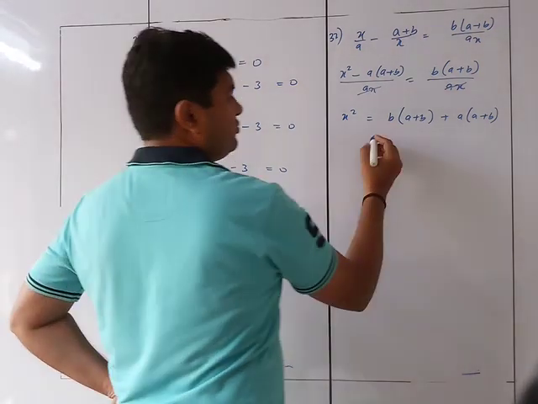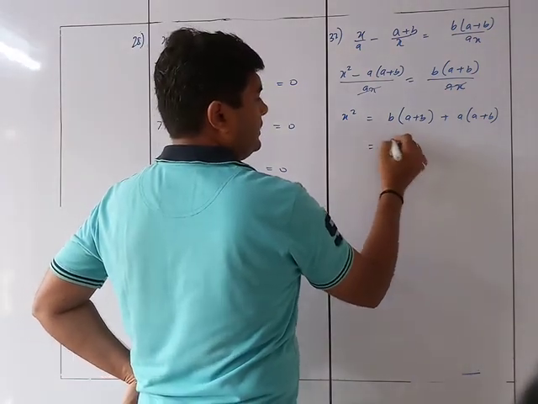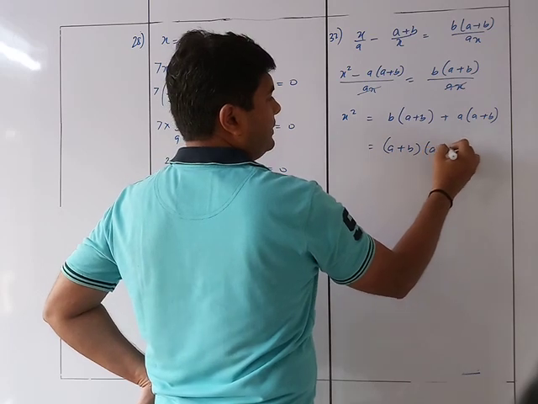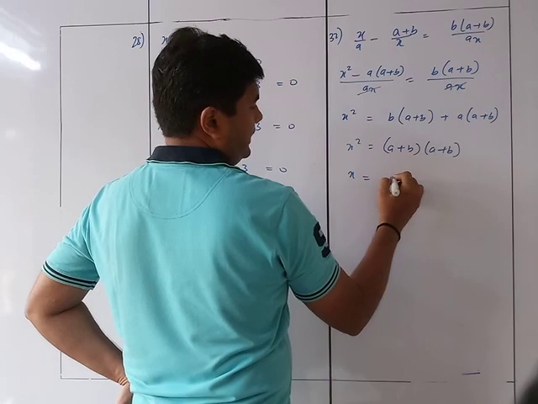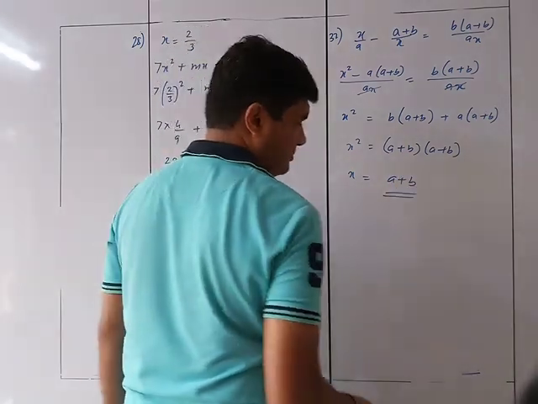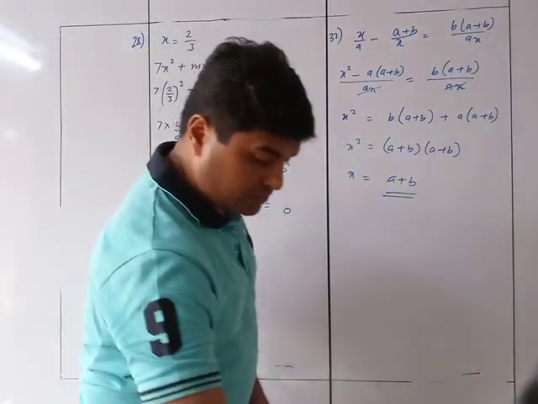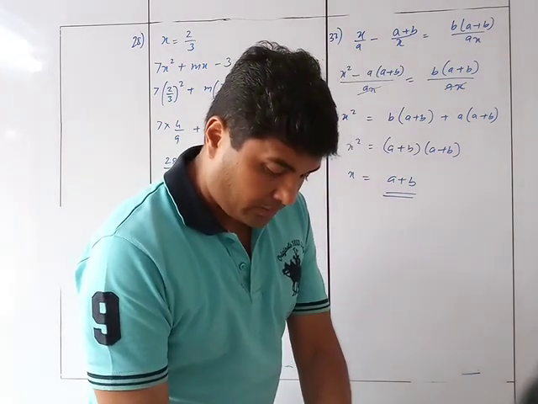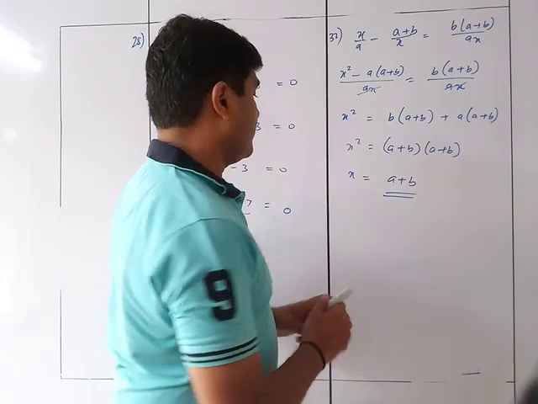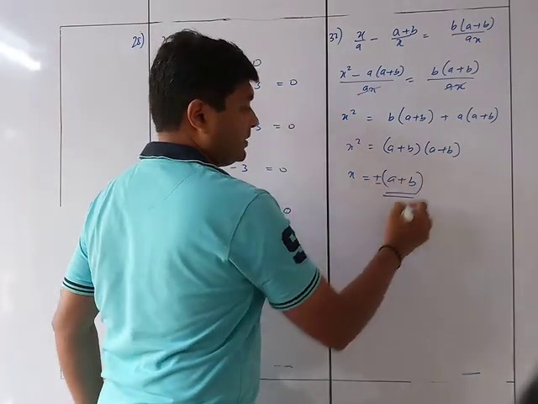Okay, a plus b is common, so (a plus b) into (a plus b) is x square. So x is equal to a plus b. Very simple. That was the 32nd sum. Of course, yeah, I forgot, it is plus or minus (a plus b).